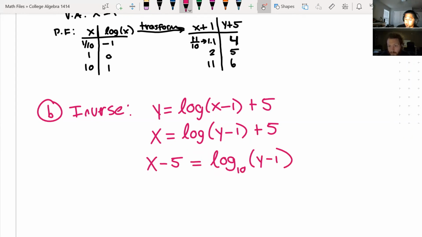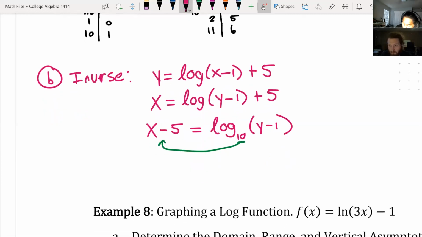And now we are going to convert from log to exponential. So this base of 10 gets raised to the x minus 5. So we'll get 10 to the x minus 5 equal to the inside of the log, which is y minus 1. And now just add that 1 over.